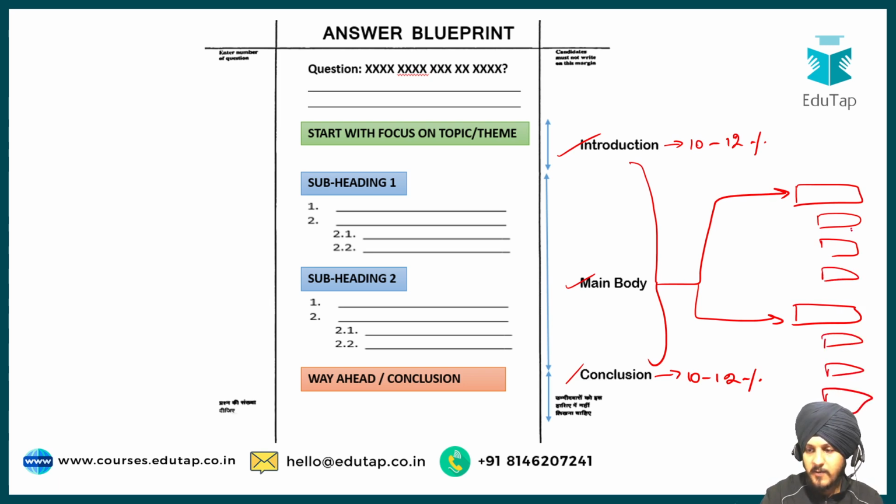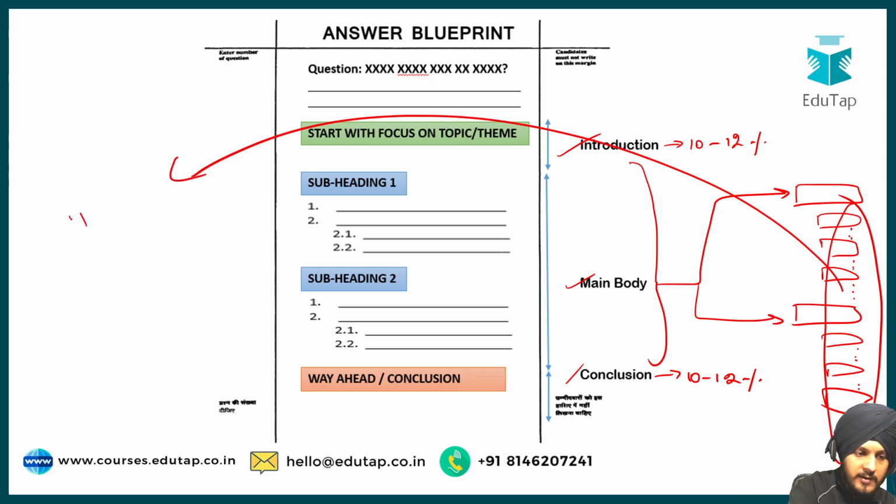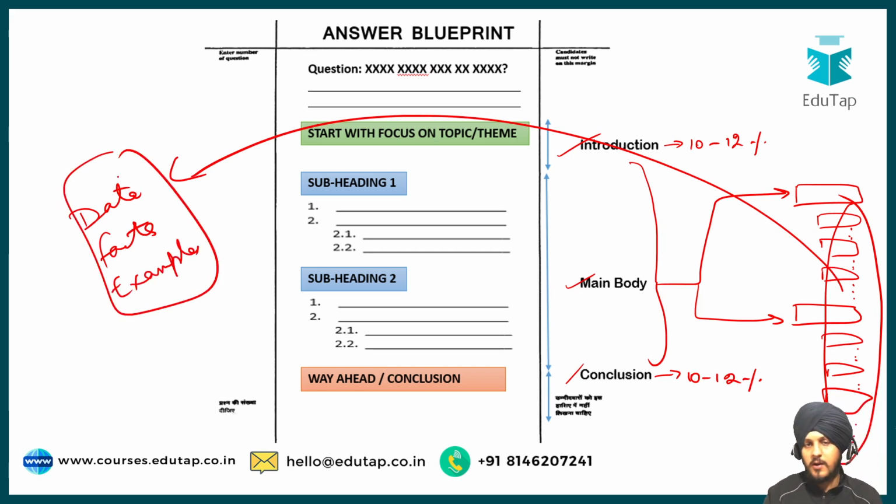And under these subheadings, you have to write your relevant points that have to be substantiated with the help of relevant data, facts, and examples. So I hope the approach on how you have to write this answer in the comment box and also in your examination has been clear to you.